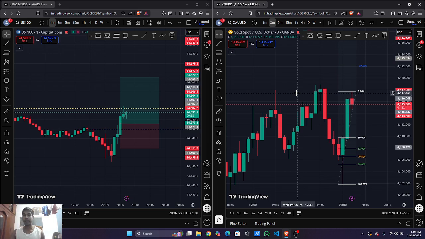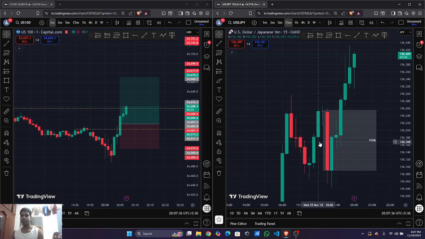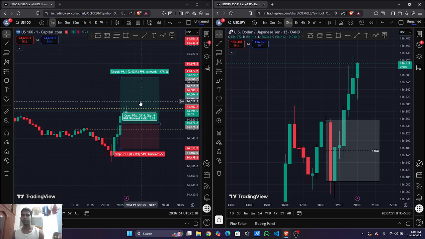JPY is good. I can enter. JPY is a very good trade. It didn't come into the 15-minute zone, but you can see this manipulation. It closed below this low, looking bearish, and again this pattern, our favorite pattern, a candle with a good wick, and if it closes above this, then it's good money. But this will do.